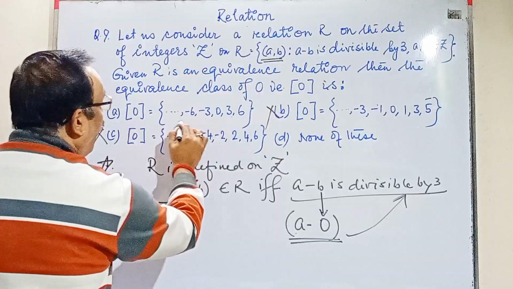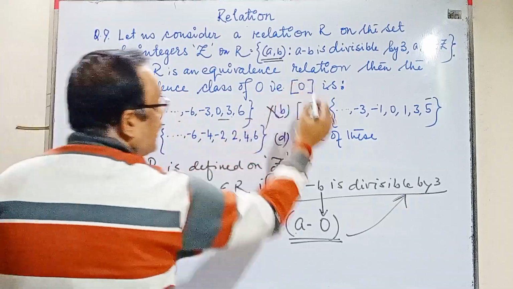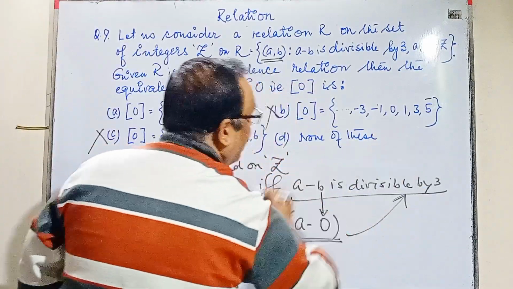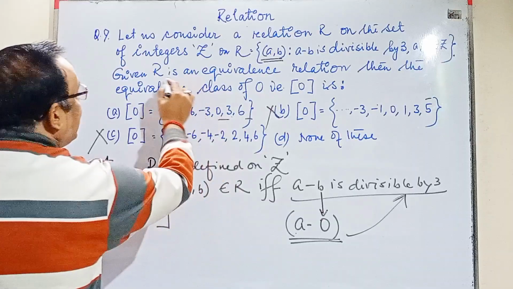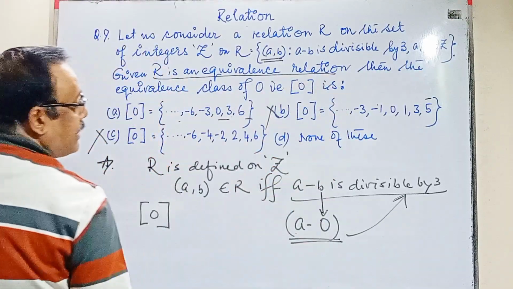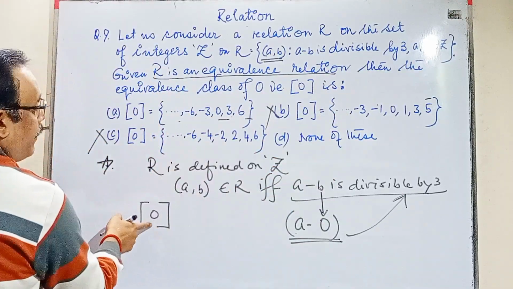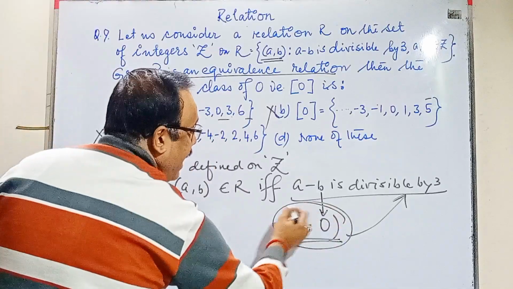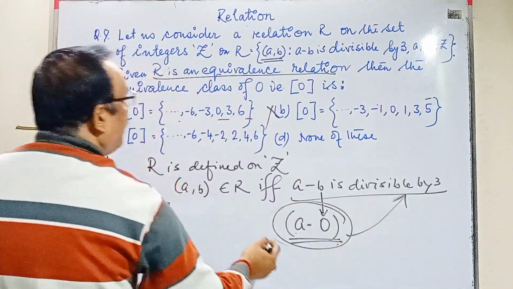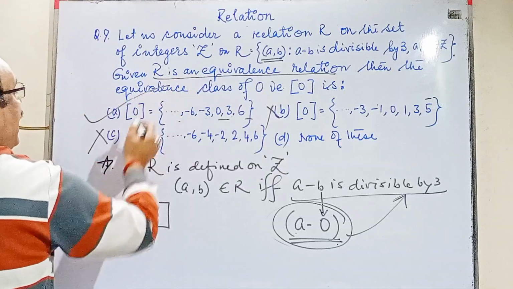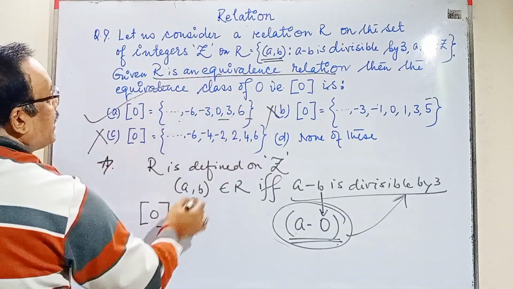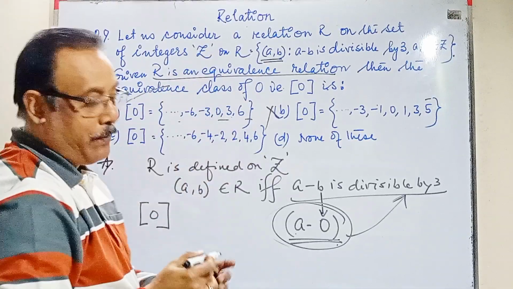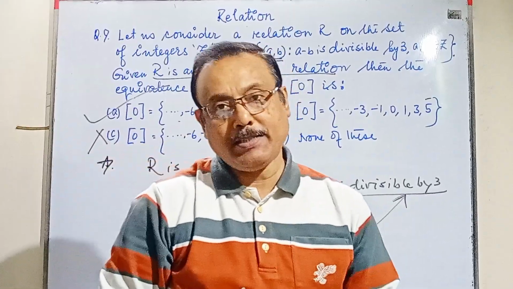So all these values satisfy the condition, A minus B divisible by 3. Since R is an equivalence relation and we need the equivalence class of 0, only those values where A minus 0 is divisible by 3 qualify, which satisfy all the conditions as per the given question. So A is my choice.